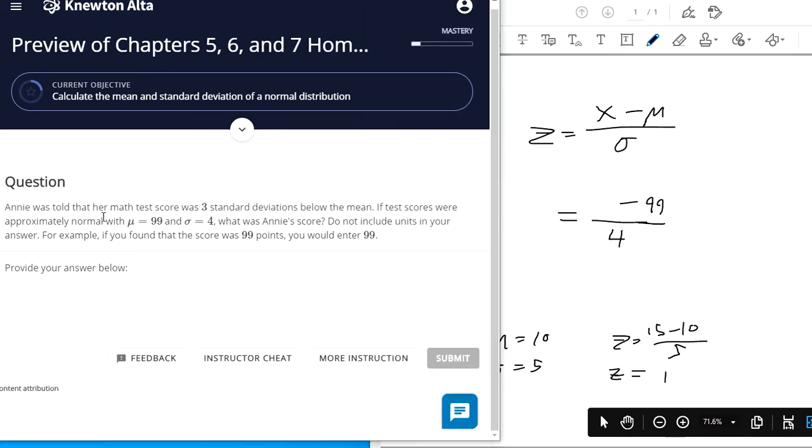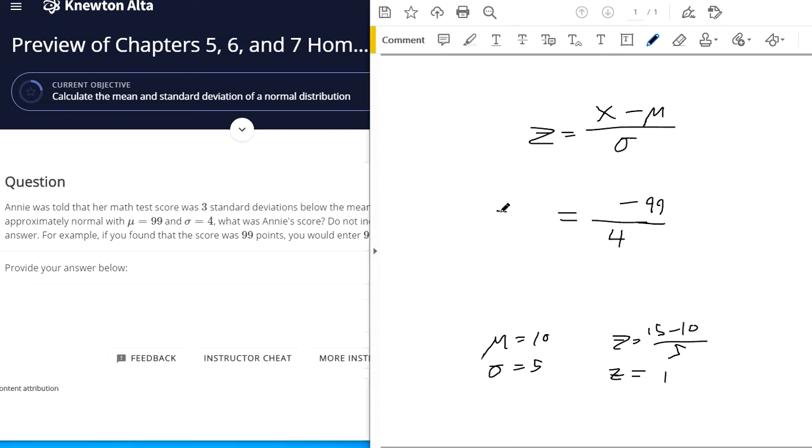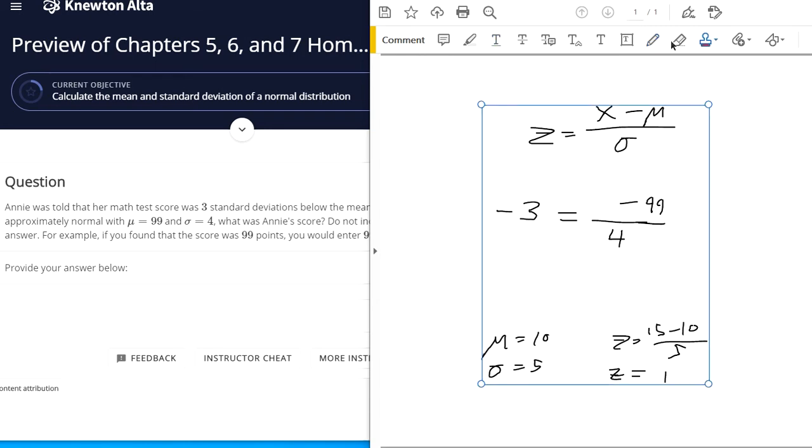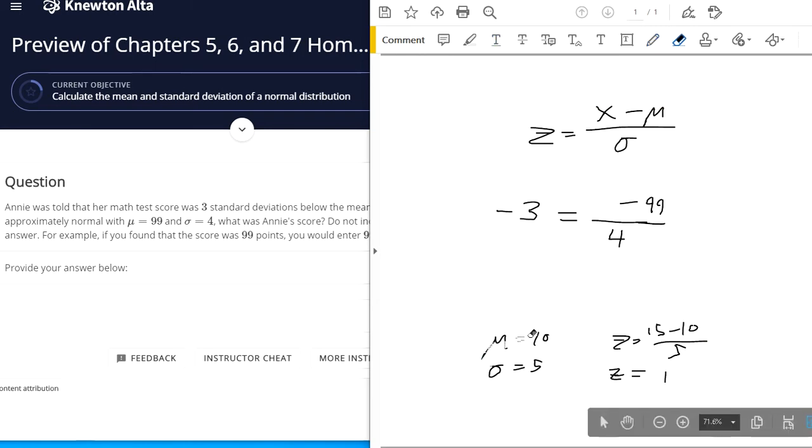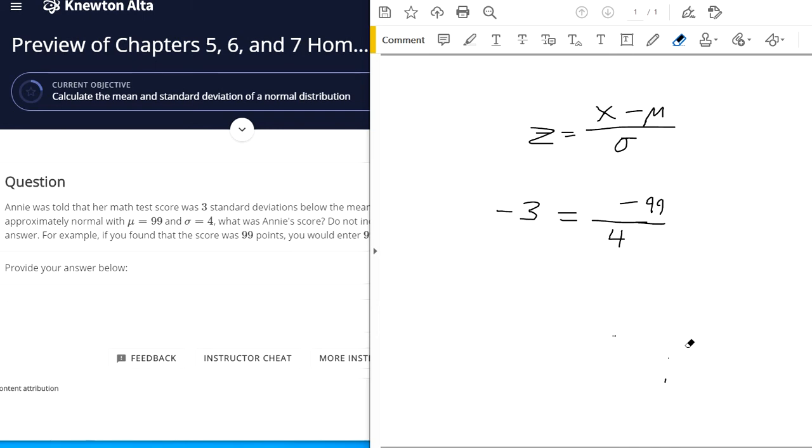So when they say that Annie's math test score is 3 standard deviations below the mean, that means it's a -3. Because negative z-scores represent values that are below the mean. They're below average values. So if you see something that's 3 standard deviations above the mean, that means z equals 3. And then we got a little equation we can solve for x.